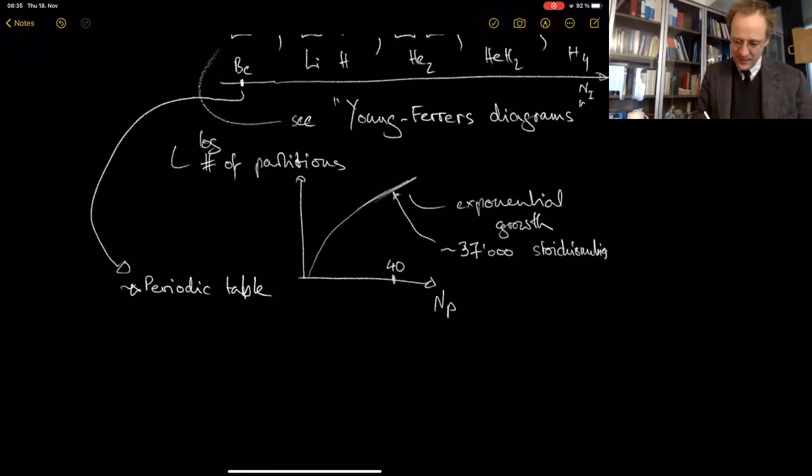And of the different representations of the periodic table, I really like the one of a spiral where you go like this, right? So you start out with this width for the S elements, and then you have the P elements, right?